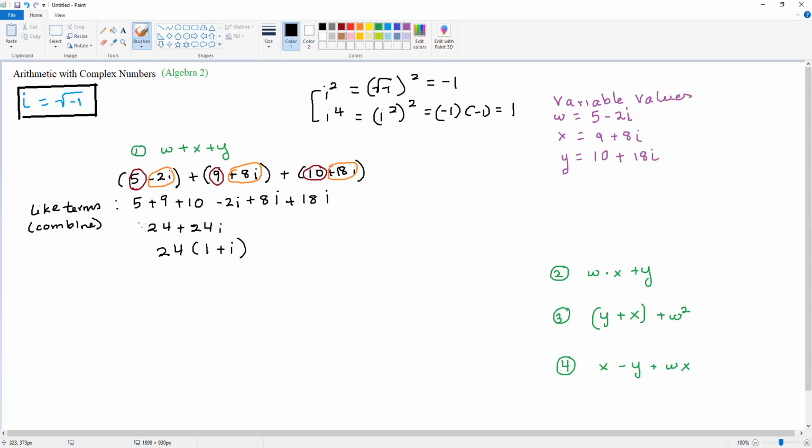This step is optional. So here I'm going to put factor. And I know that some teachers ask you to factor while some do not. So I'm just going to put a red star here because I'm not really sure if that's how teachers would like you all to simplify.